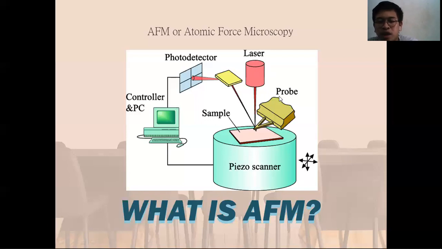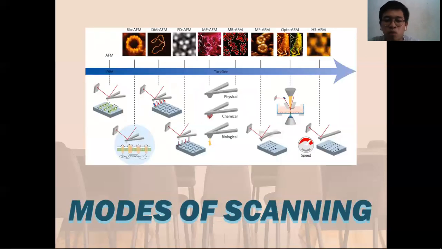Thus, there are three different scanning methods or imaging modes for this microscopy. First is the contact mode, which is the fastest of all modes, but because of repulsive forces the sample may be damaged, as the tip of the probe is always touching the sample or in contact with it.